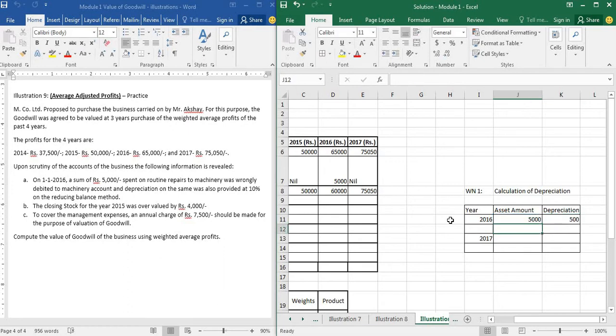We'll see how much it is. It will be 500. So the asset amount for the next year will be 4,500 because depreciation is charged on reducing balance method. So the depreciation amounts for 2 years will be 500 and 450 rupees.